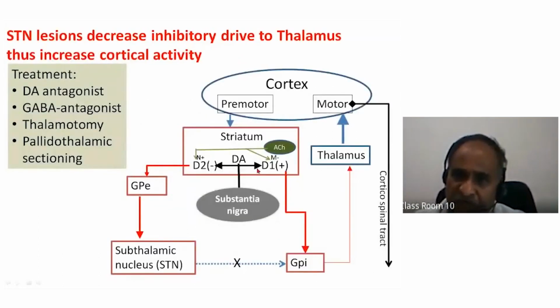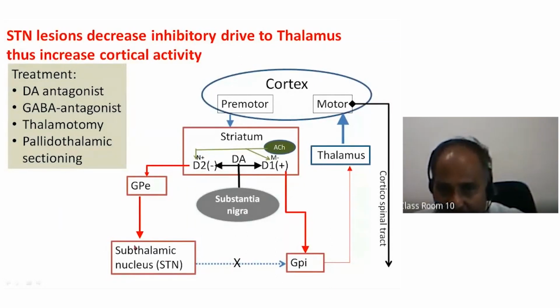Now, what is the problem here? You just see this circuitry I brought in. The subthalamic nucleus is destroyed. If the subthalamic nucleus is destroyed, there is no communication between the subthalamic nucleus and GPi. So you are aware of this picture. We have the cortex here, the striatum here, the GPe.